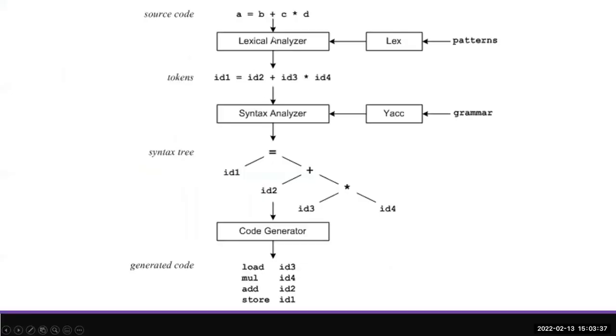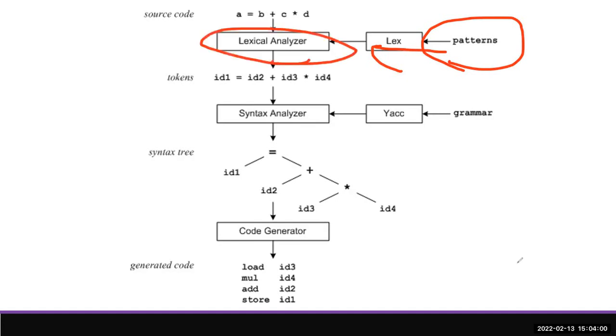The idea of Lex and Yacc is that, assuming we have some language and we do lexical analysis using Lex, we design regular expressions that we call patterns. The patterns are fed into Lex, and Lex generates a lexical analyzer, so your input language is converted to tokens.